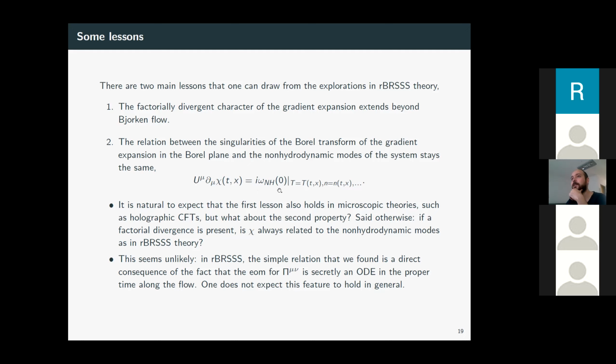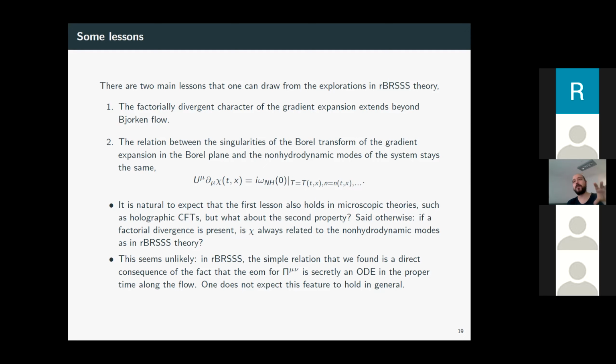I think we need to understand how this relationship generalizes to general theories. The reason I'm bringing this up is that in BRS3, you can argue that this inverse relation is a consequence of the fact that the equation of motion for the dissipative tensor is actually an ODE in the proper time along the flow, right?